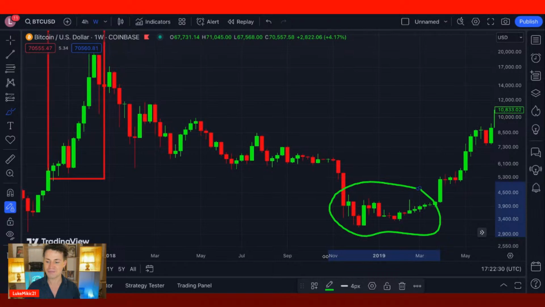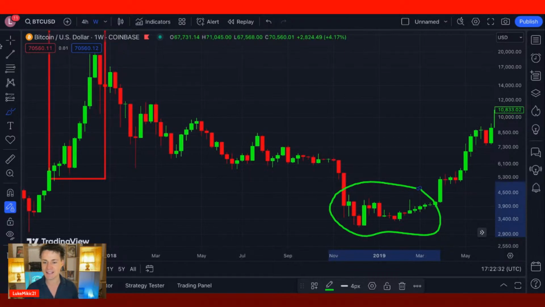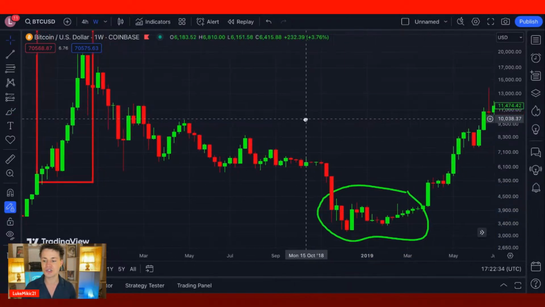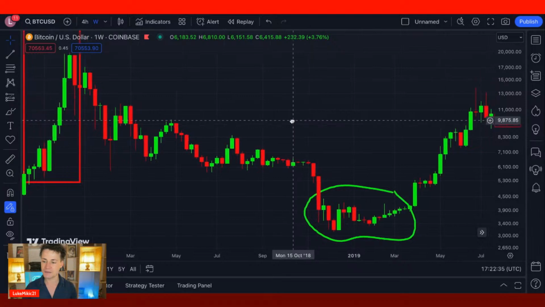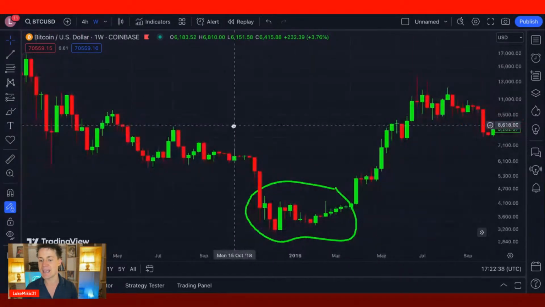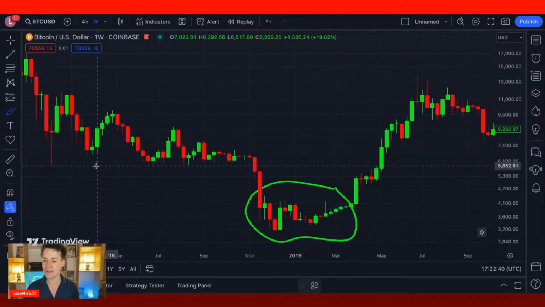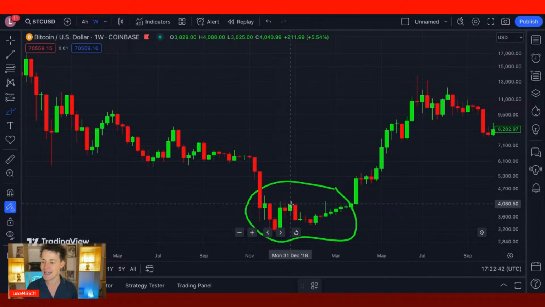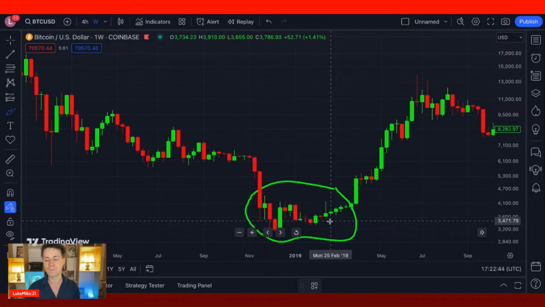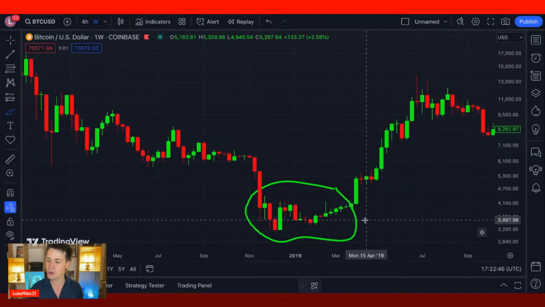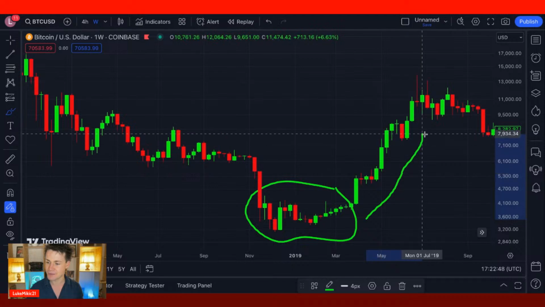The hyperwave model had all of these really fancy, pretty lines drawn on it. It had all of the great TA. And of course, I think there was a lot of people who were under allocated to Bitcoin, myself included, who missed this rally over the next 6 months.